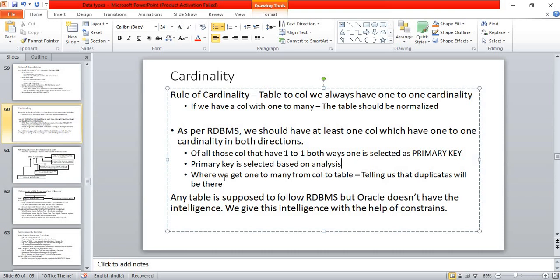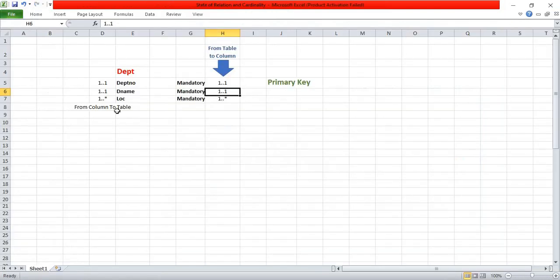Okay, so when we get one to many from column to table, if there is a column that exists with one to many cardinality, just like this, then it is stating that there can be duplicates in that column.